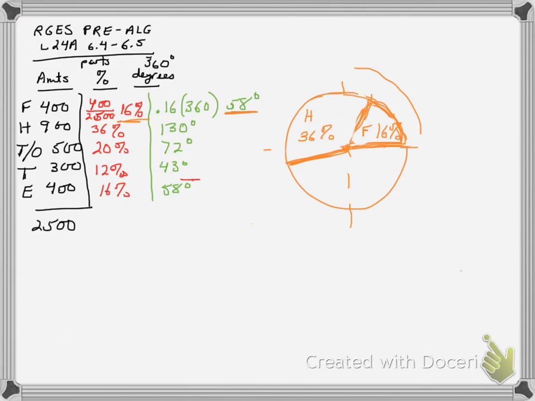Okay, the next one is going to be 72 degrees for tithes and offerings. Sorry, 20% is 72 degrees. There we go. So I'm going to measure 72 degrees. So you line up your protractor here. Okay. And you're going to go over, well, this would be, let's see here.